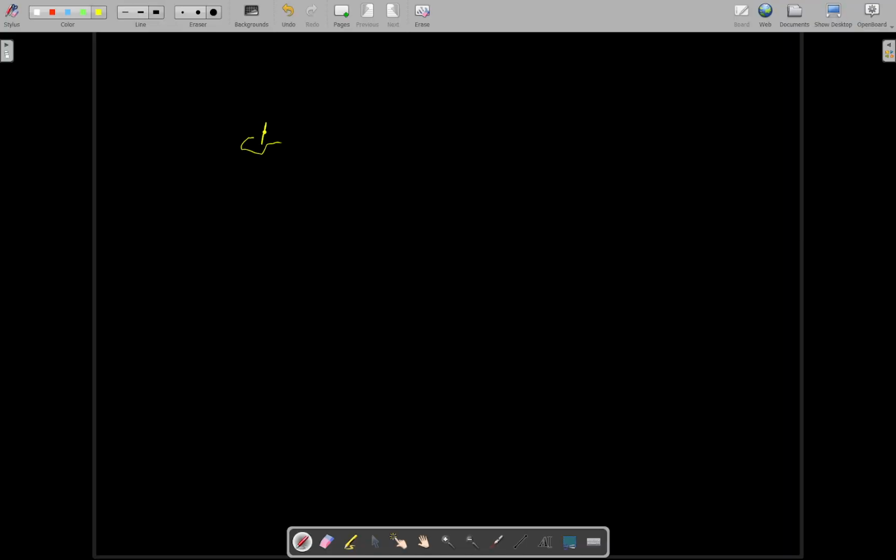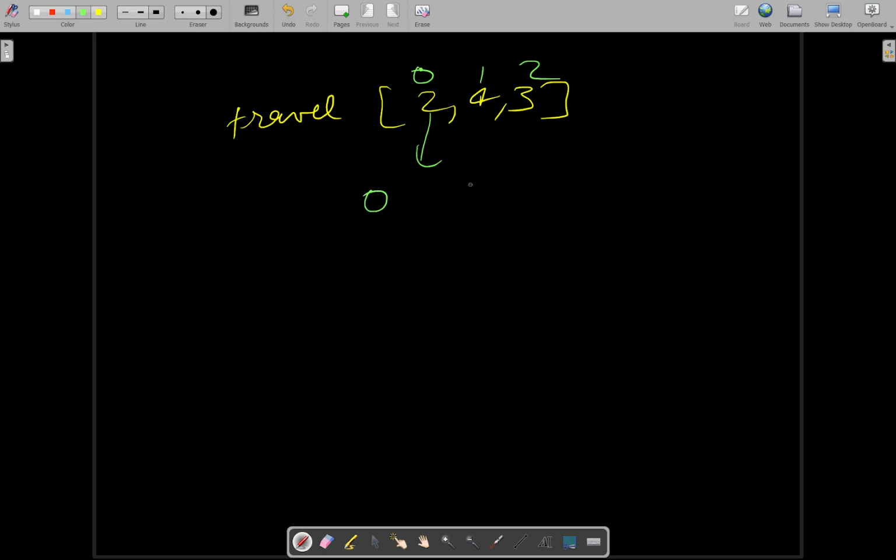Now let's say travel is given something like this: 2, 4, 3. Then if you mark those indices 0, 1, 2, the zero index represents how many minutes it will take you to reach from house 0 to house 0 plus 1.